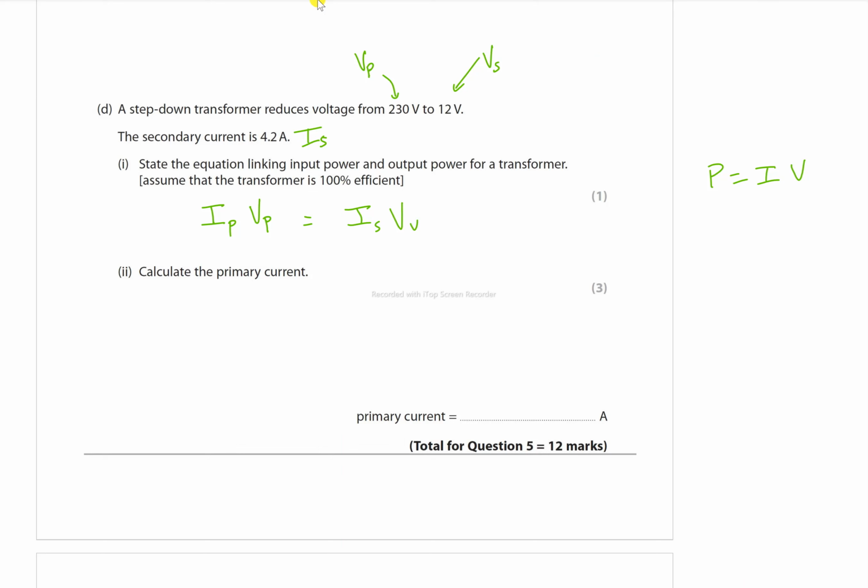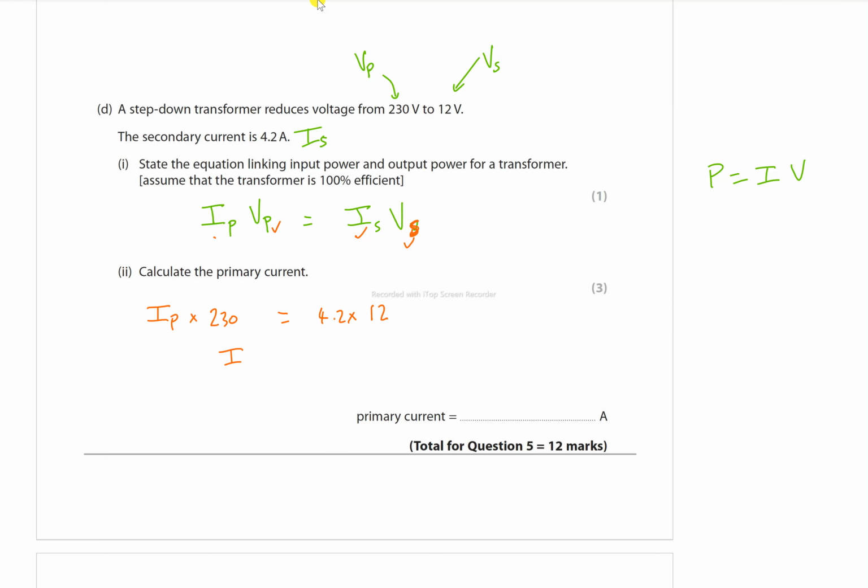So now what we do is substitute the values in. So we know VP, we know, oh my god, that's supposed to say S. I can't believe this. What happens, you become blind to the board. VS, we know that. We know secondary current, we know that. So this is the one we're missing. So we put IP times VP, which is 230, equals IS, which is 4.2, times VS, which is 12.